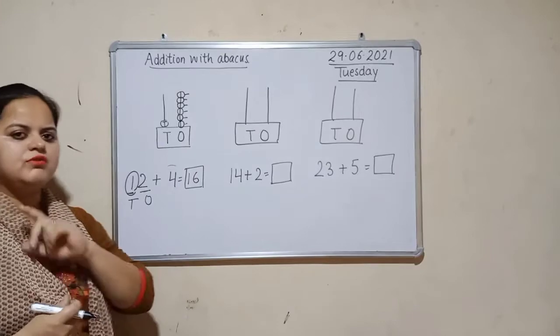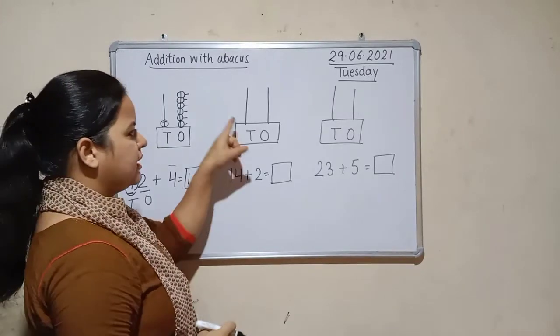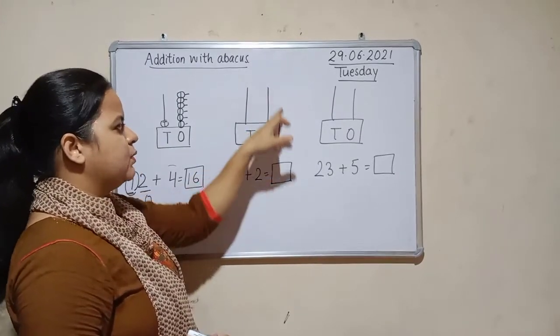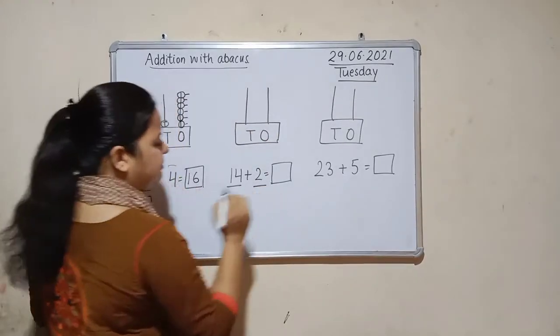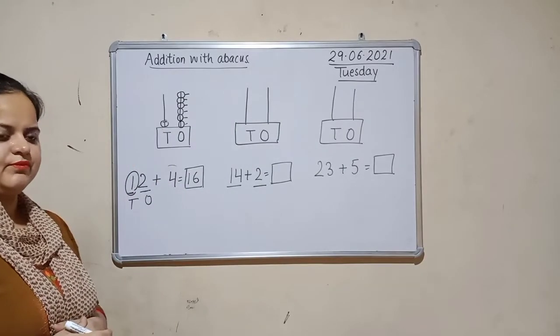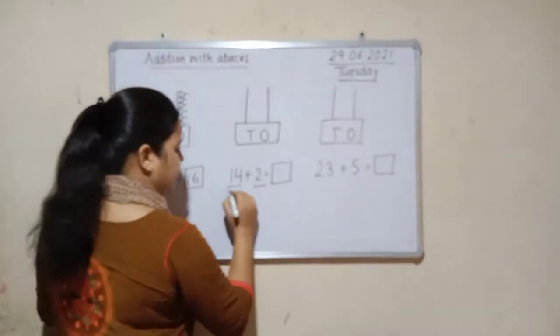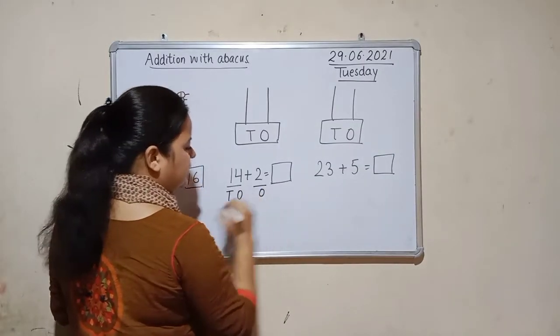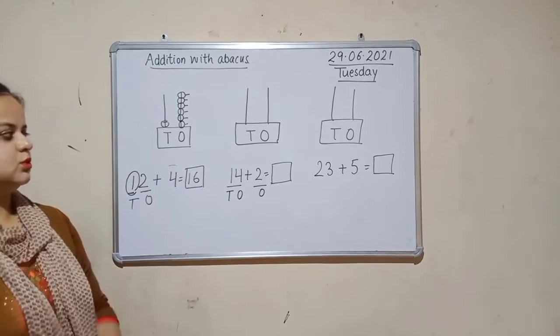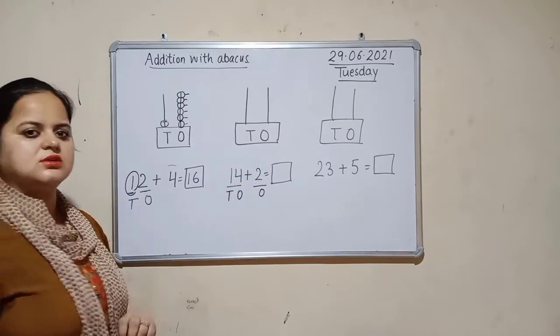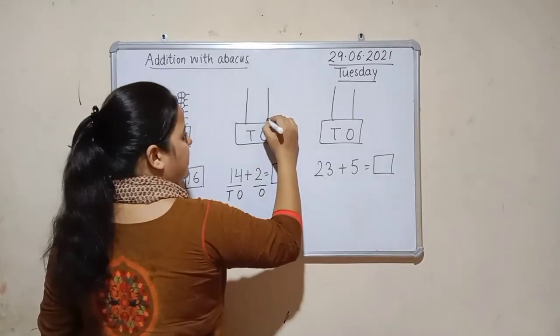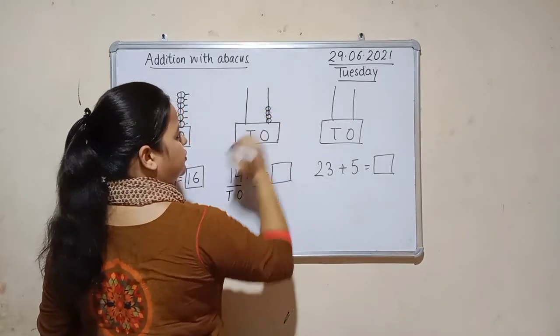In the next sum you will tell how many beads we will make here on ones side. Here we have number 14 and 2. Tens, ones, this is only ones. So on ones side we will make 4 and 2. 1, 2, 3, 4.